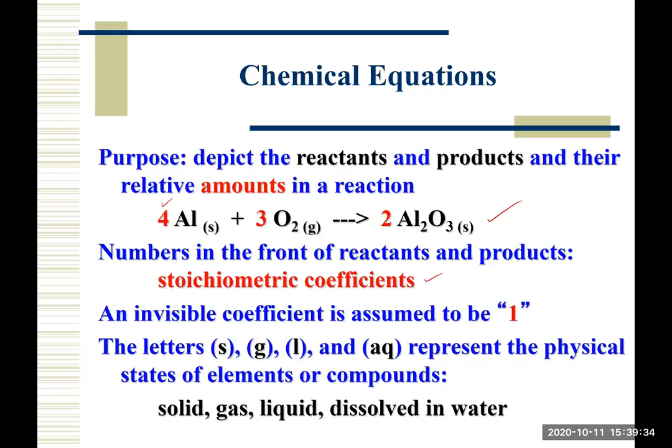So the 4, the 3, and the 2 are all stoichiometric coefficients. If we have an invisible coefficient, then we assume that it's 1. The letters that you see in parentheses as subscripts are S for solid, G for gas, L for liquid, or AQ for aqueous, which is telling you that that substance is dissolved in water.